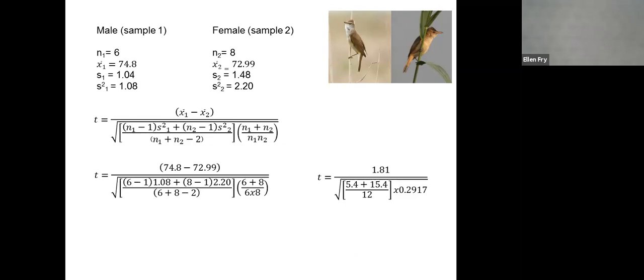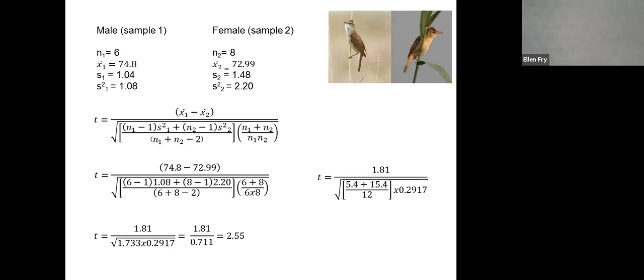Feel free to get a calculator and follow along with this just to make sure that you're happy with how this works. So solving for our equation, we can see that our final test statistic t is 2.55.